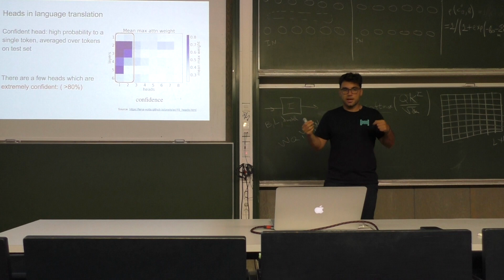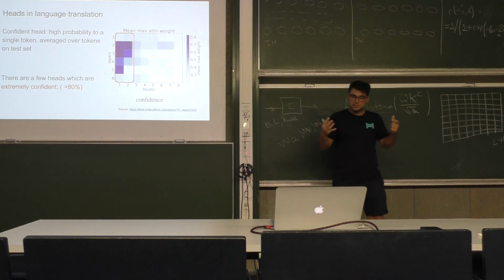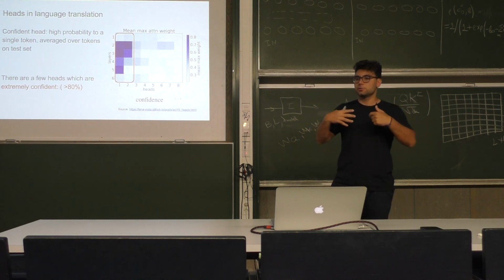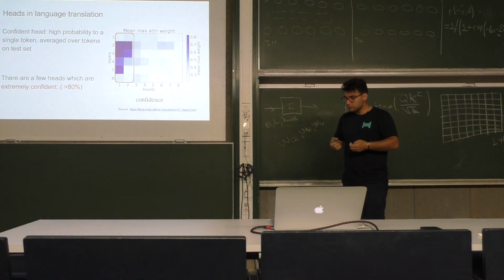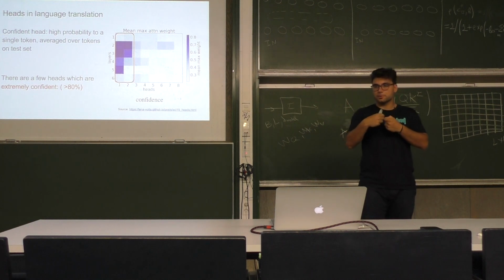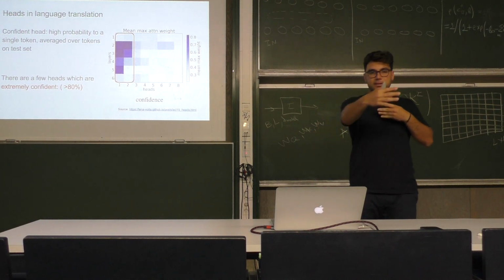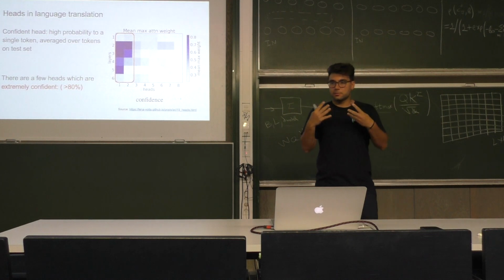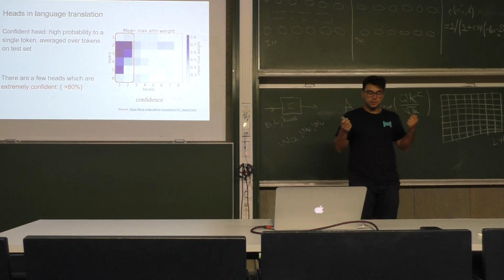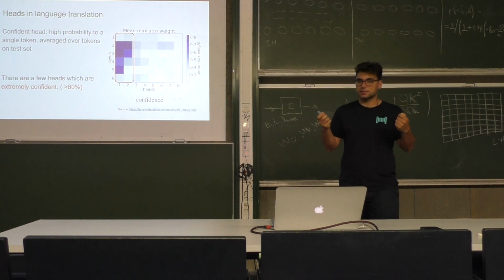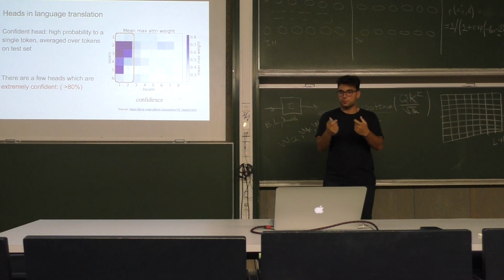As we will see today, confidence is usually a very good thing when you want to generate, when you have a vocabulary of V elements and you are very confident about your decision. This usually means that the model has materialized some sort of understanding for the domain you train on.